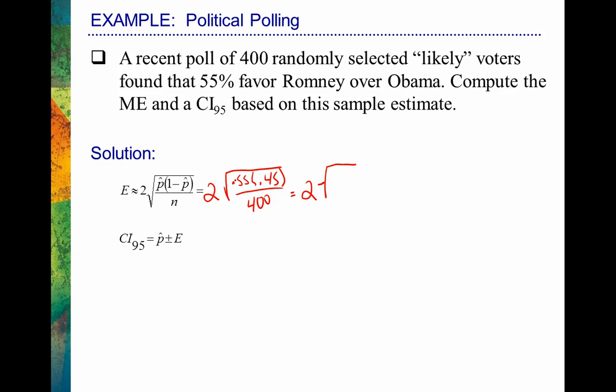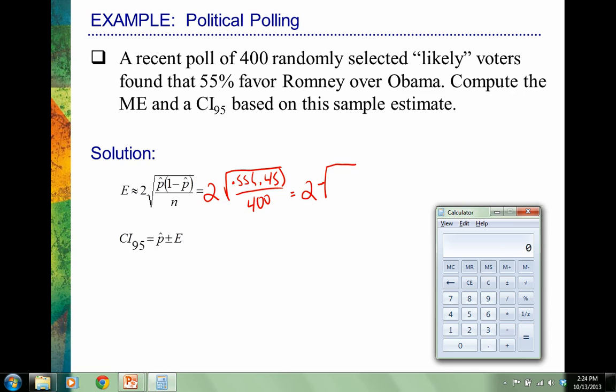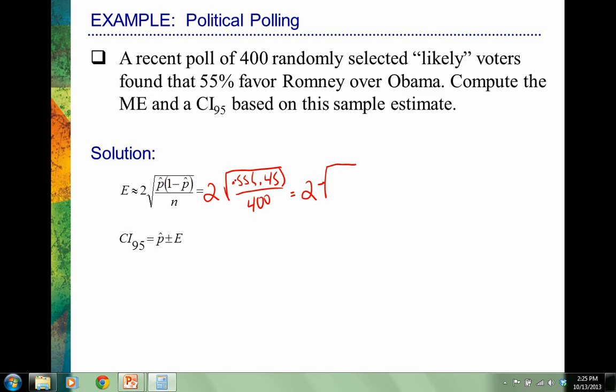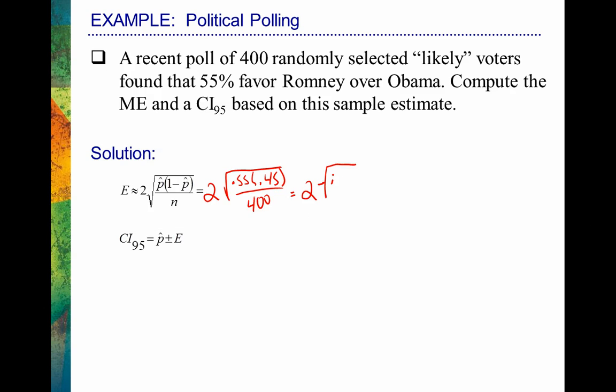Let's find our calculator. We have here 0.55 times 0.45. That equals 0.2475. Let's just round that to 0.25. 0.25 divided by 400.